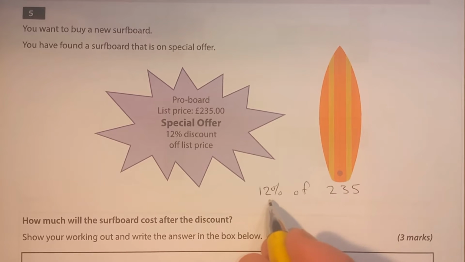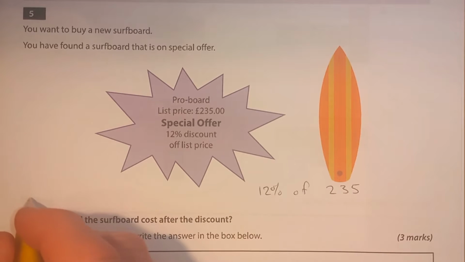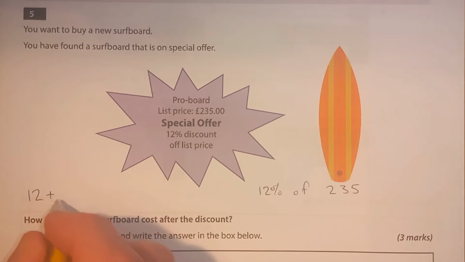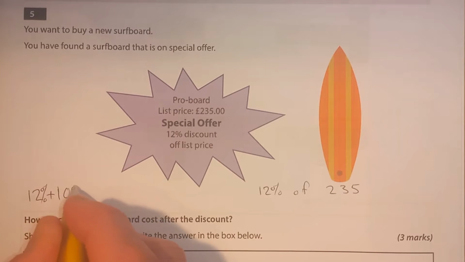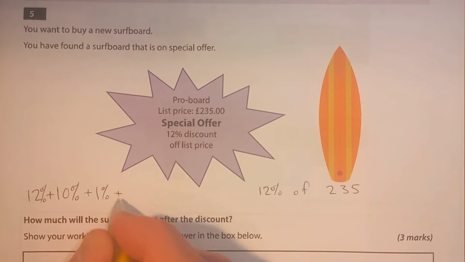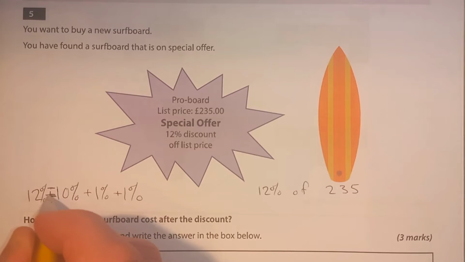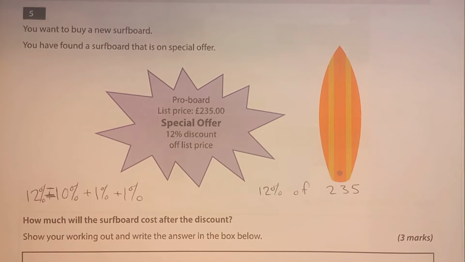But I like to think of it differently. I like to try and simplify things. So I'm going to think of 12% as 10% plus 1% plus 1%. Okay, agree this makes 12.